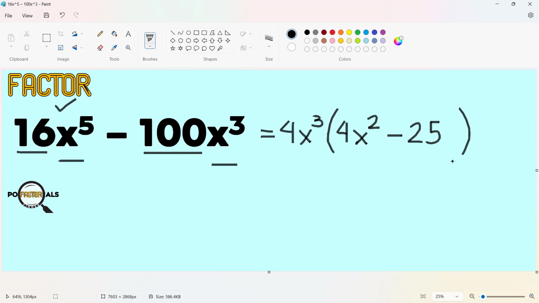But we are not done yet. Because if we look closely at our binomial here, this meets the criteria of a difference of two squares. Difference, 25 is a perfect square, check. 4 is a perfect square, and x squared is a perfect square. So we can now factor this out. The next factor, of course, you do not remove this monomial because it stays as it is.